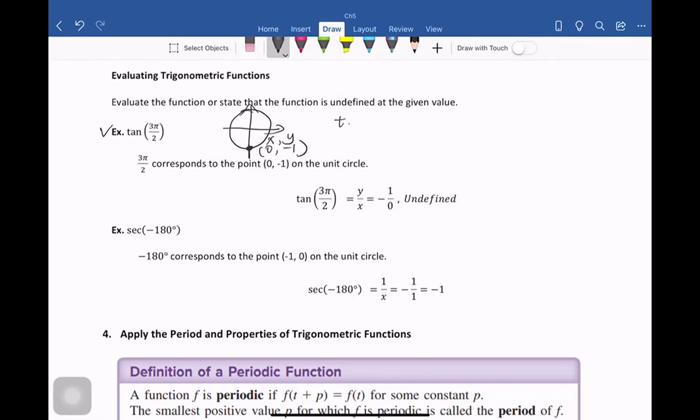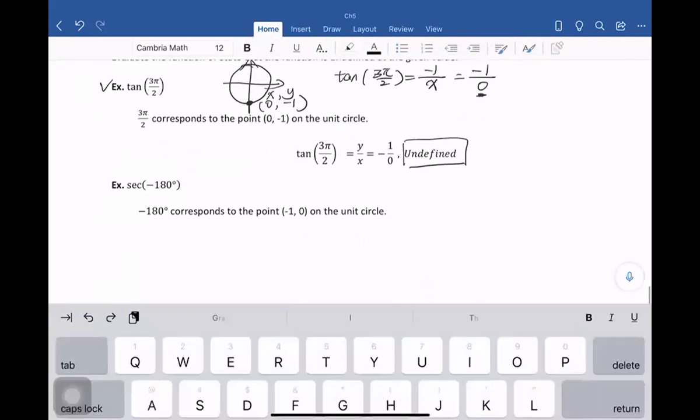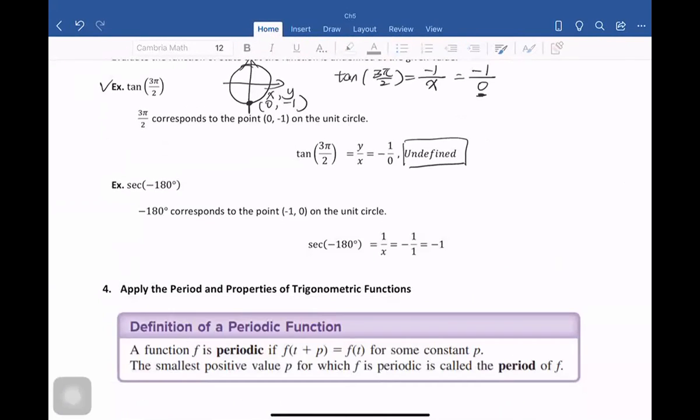We have learned that tangent 3 pi over 2 equals y over x. Oh, x is 0. It's -1 over 0. There is 0 in the bottom, so this one is undefined. There's no value for tangent 3 pi over 2.